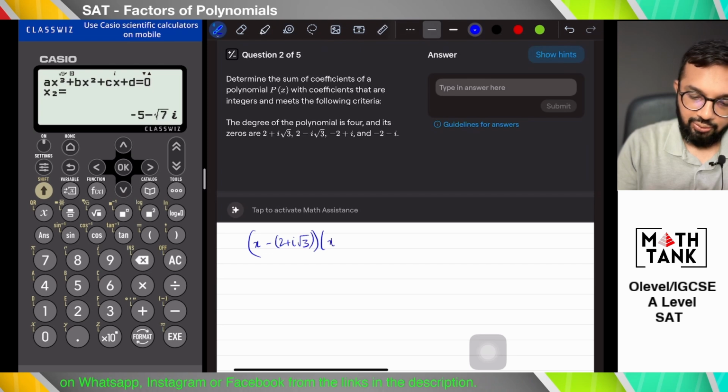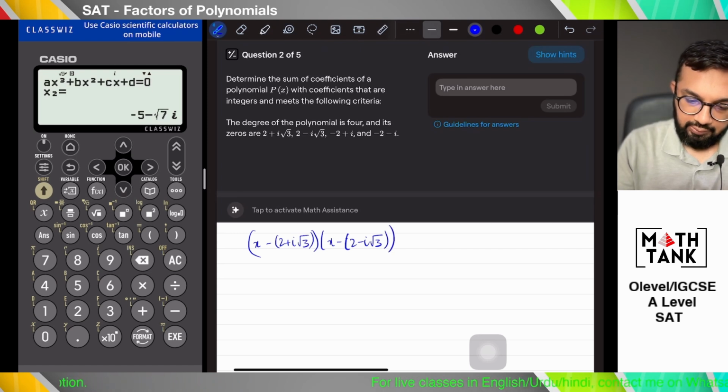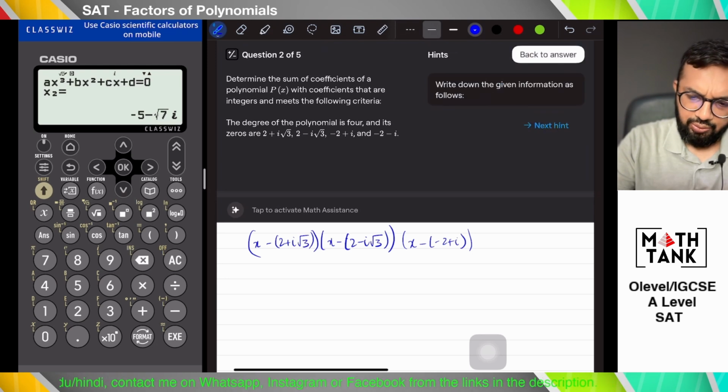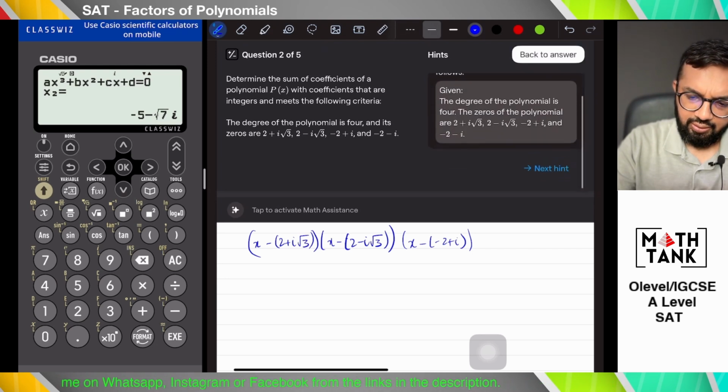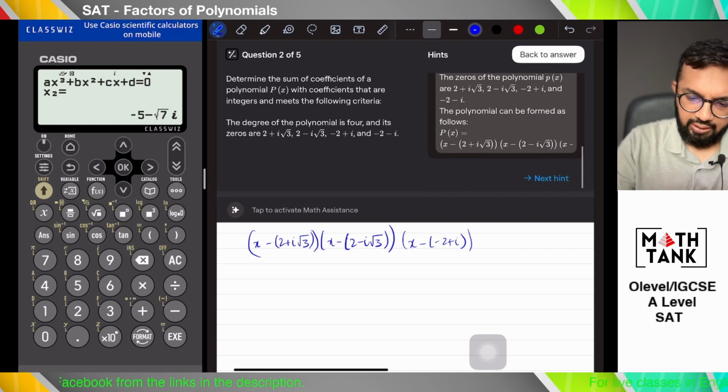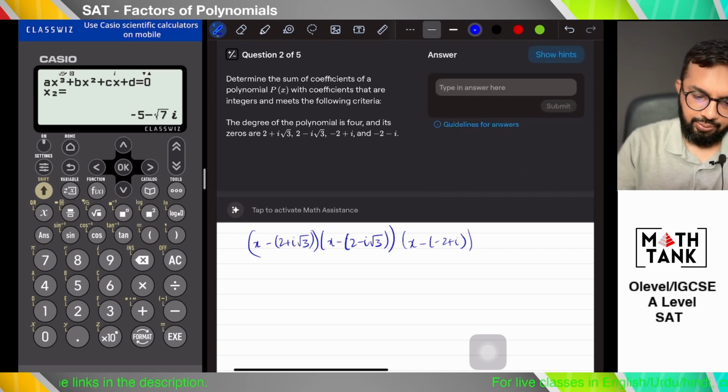I don't know why this question is here though. I don't know if there's a shorter way of finding out the sum. That's the only way to do this, so I'm just going to do this for you.